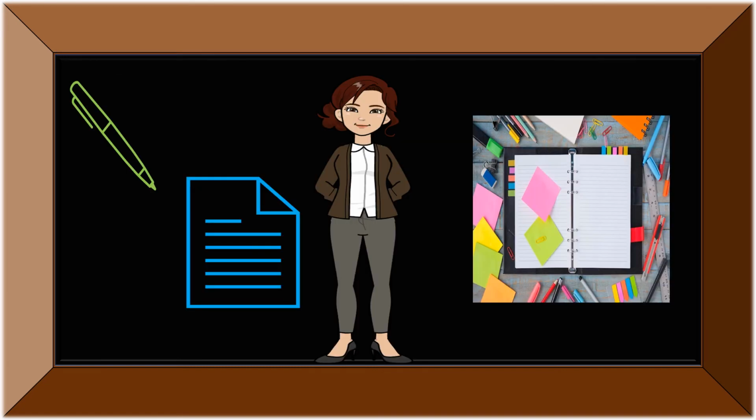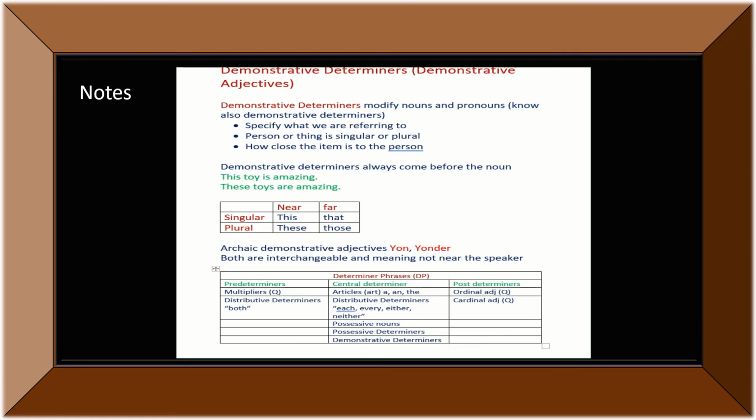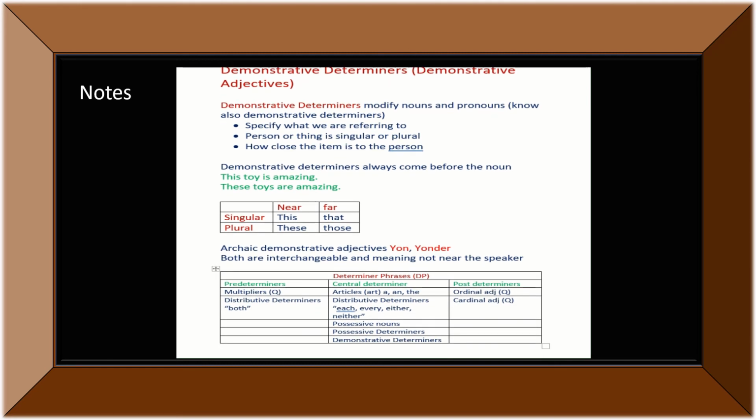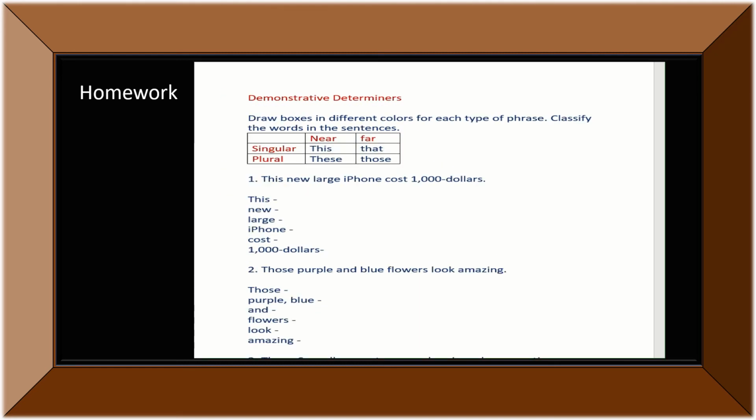It's time for some practice and taking notes. Pause the video so you can write down the notes. Draw boxes in different colors for each type of phrase. Classify the words in the sentences. Number 1. This new large iPhone costs $1,000. Number 2.